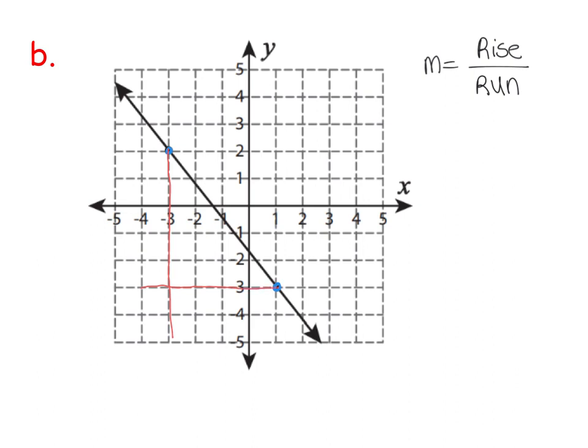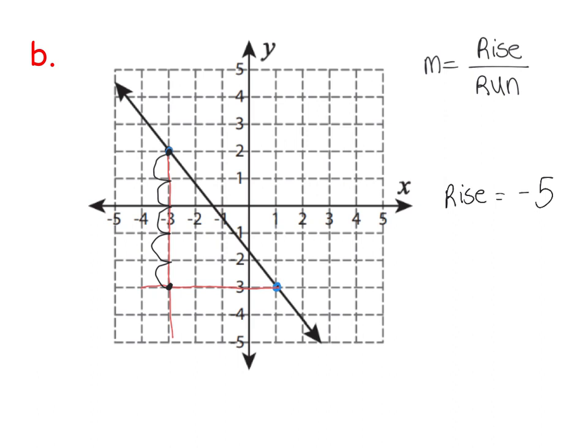Now again, we have to see the rise here. So that's from here up to the point that we have. So that's 1, 2, 3, 4, 5. Then you need to ask yourself, if you're going from the left to the right, is it going up or is it going down? And the rise here is definitely going down, so it's going to be -5.